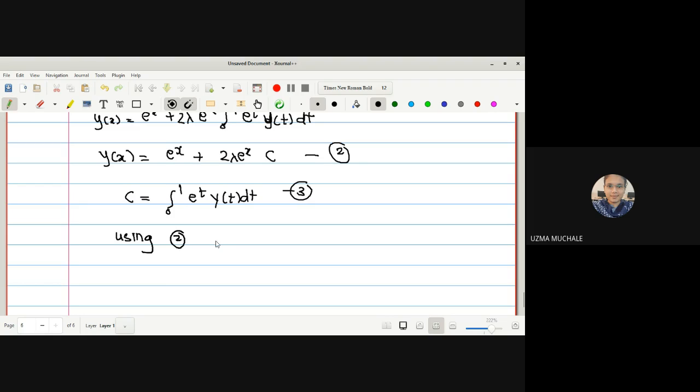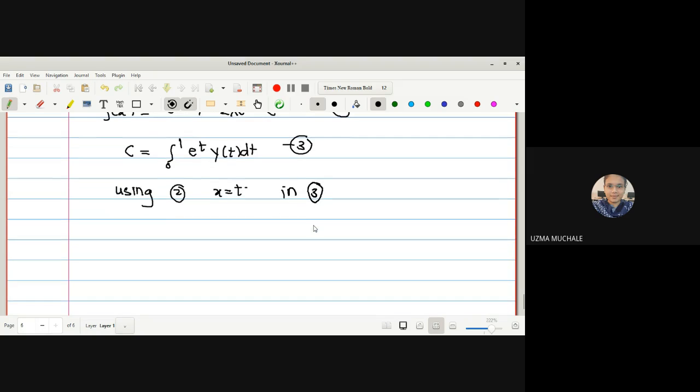Using 2 for x equal to t in equation 3 for solving, we have to get the value of c. Integration 0 to 1 e raised to t, we have to substitute the value of y of t, that is nothing but e raised to t plus 2 lambda e raised to t into c, and dt as it is. Okay.